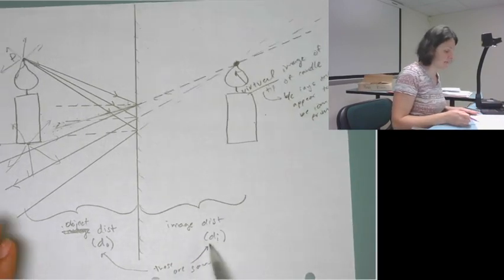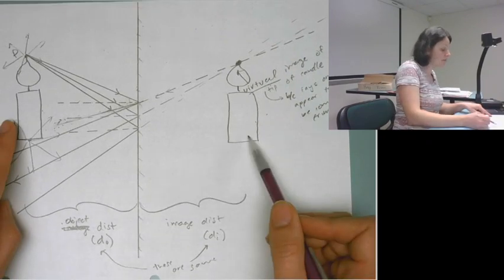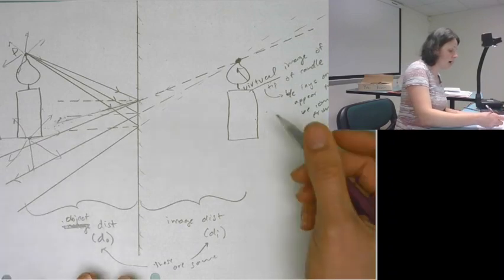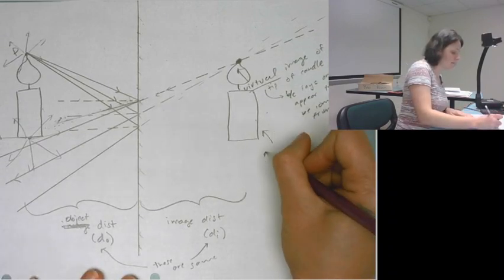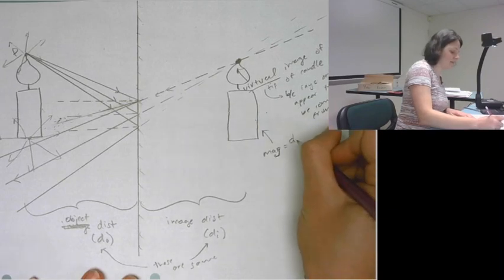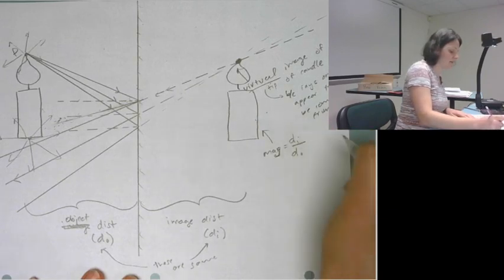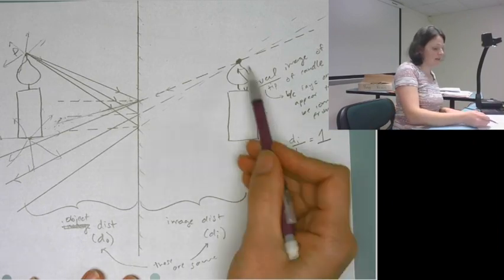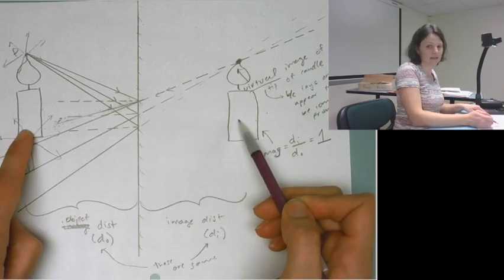So we can get ready to think about that later. And we'll also be able to say that the magnification here is 1. Okay, so magnification, which is the image distance over the object distance, is 1. Which is to say that this is the same size as that.